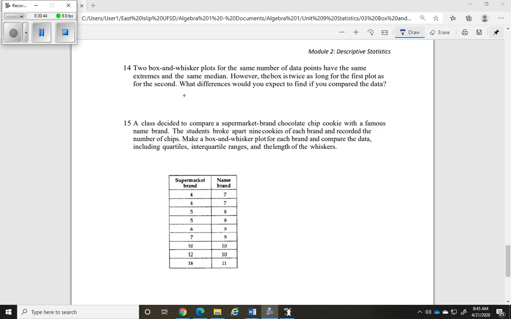So let's draw something that could possibly represent this data. If I have a box, and let's say this is the median, and let's say the whiskers go out to here. The next box is going to have the same median and the same extremes, but the box is way smaller.